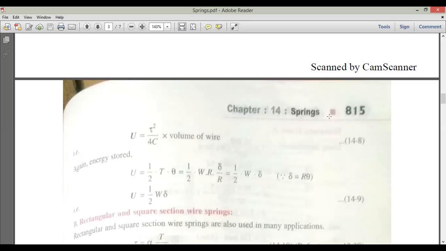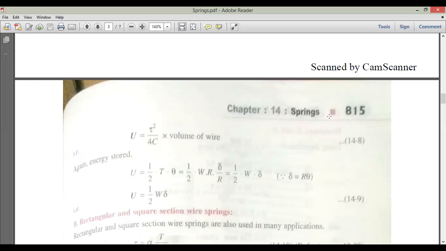Force multiplied by distance is work done or energy stored. So half into T into theta, where T is the torque and theta is the twisted angle, or the angle covered by the spring.